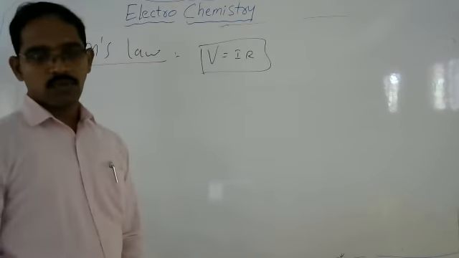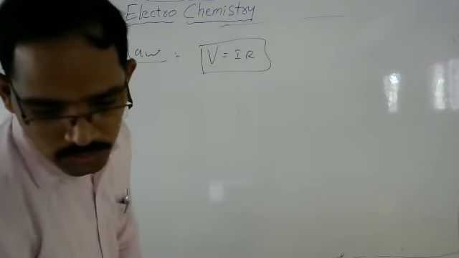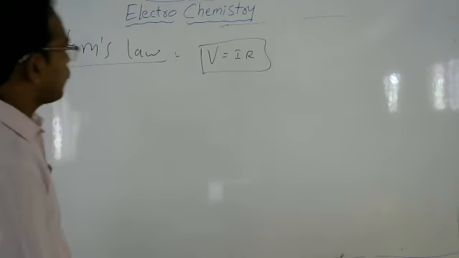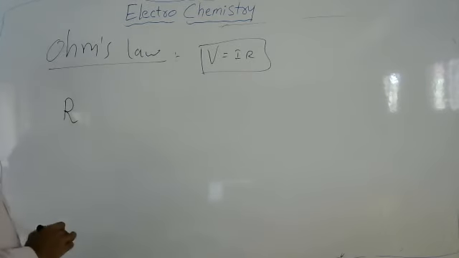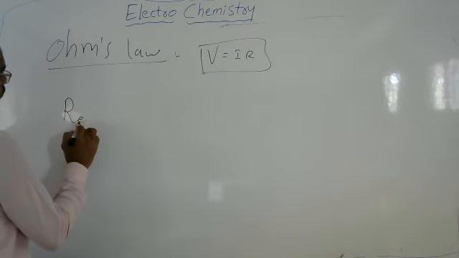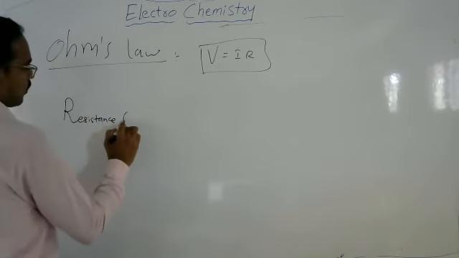V is voltage, I is the current, R is the resistance. Yes, V equal IR, you learned that in physics. Now here R is the resistance.